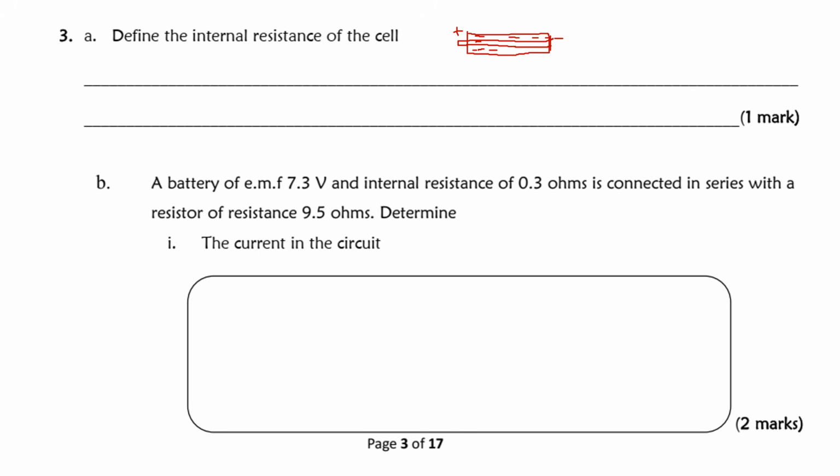Let's suppose you connect this to a bulb such that current I flows through it. So as current is flowing through, it is being slowed down or paused by materials in the cell.